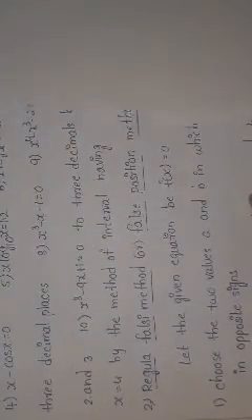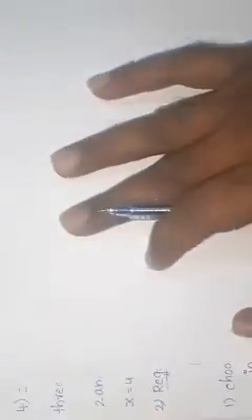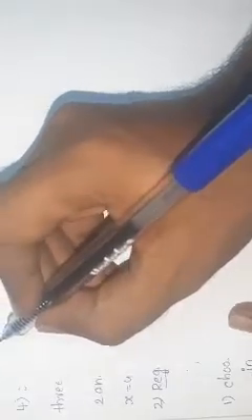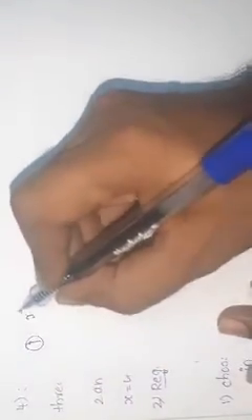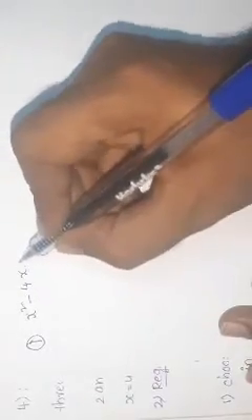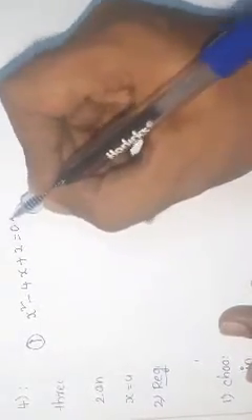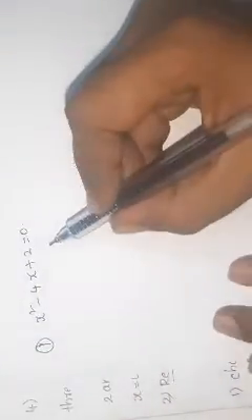So using the bisection method, we will discuss a problem. First one is x square minus 4x plus 2 is equal to 0. Actually this is a quadratic equation, and we know the general procedure to find the root of the equation.